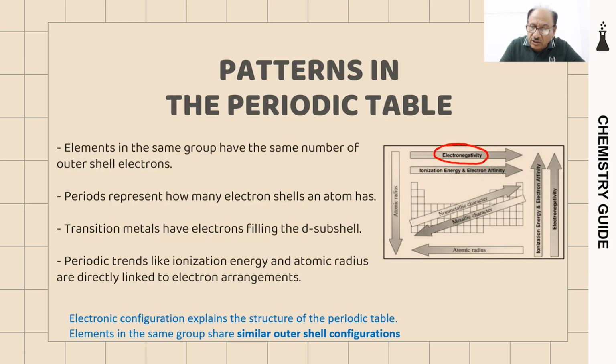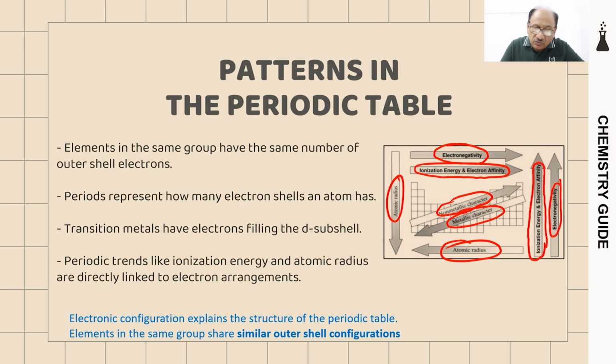For example, electronegativity, ionization energy, electron affinity, atomic radii, and then non-metallic character, metallic character. So this is how we can understand ionization energy, electron affinity and electronegativity. In metals, non-metals, the whole periodic chart is showing trends.